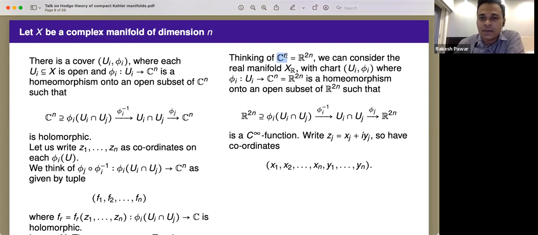For Cn, the coordinates are z1, z2, ..., zn, and on R2n, the corresponding coordinates are: we write z_j as x_j plus i y_j, and think about the coordinates x1, x2, ..., xn, y1, y2, ..., yn as coordinates on R2n. So we can now think about these functions as giving real valued functions on these coordinates.